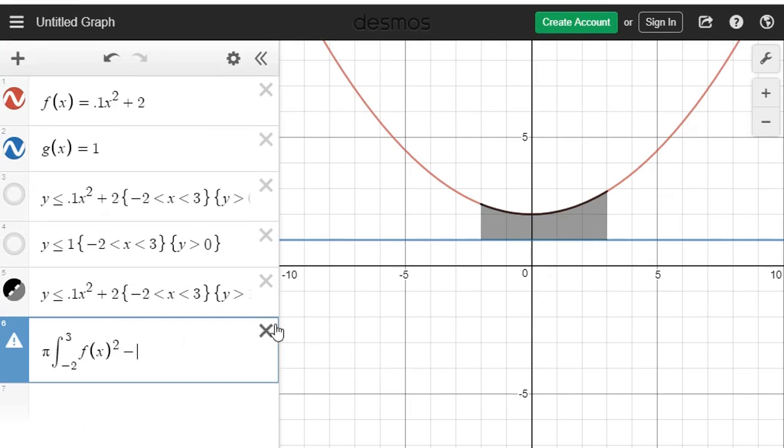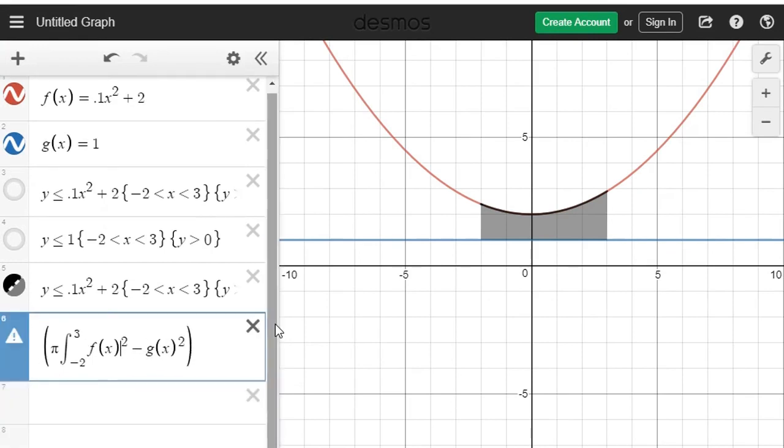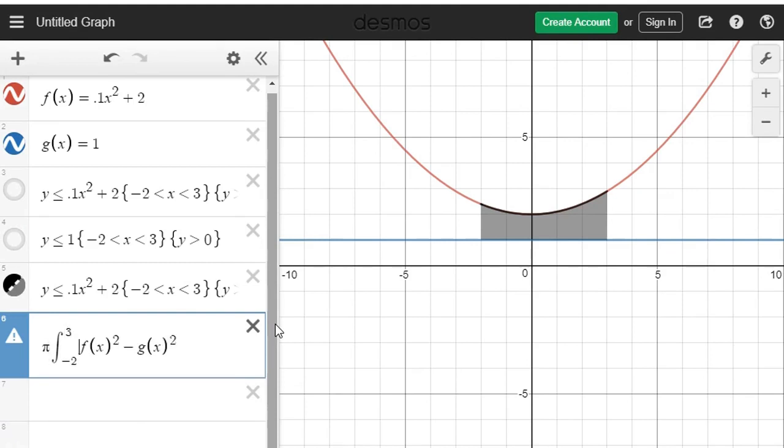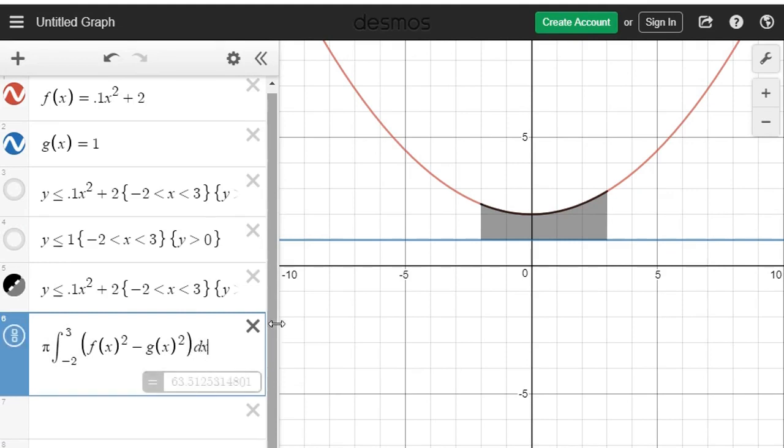And then my small radius is g of x, dx. So I'd end up with 63.513 as my volume of this going all the way around.